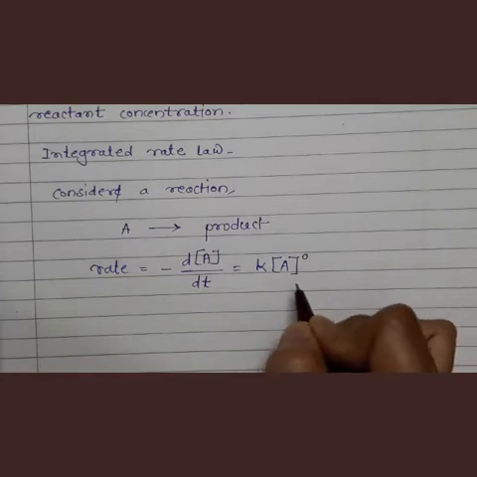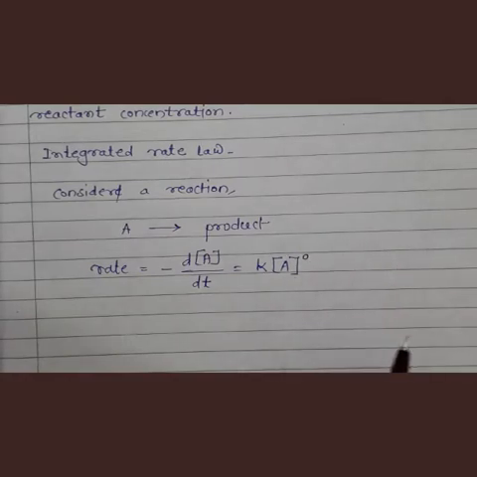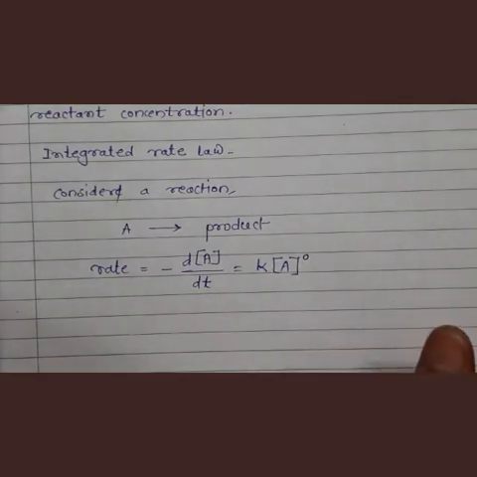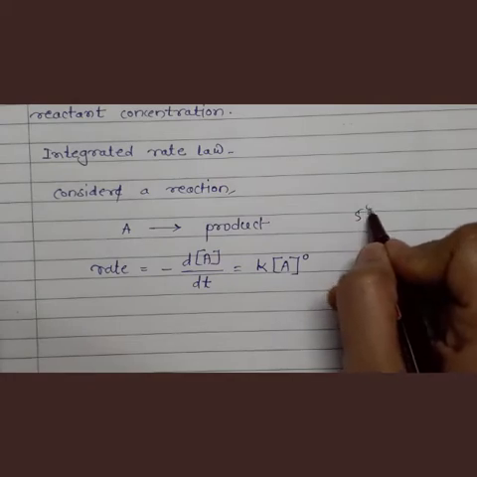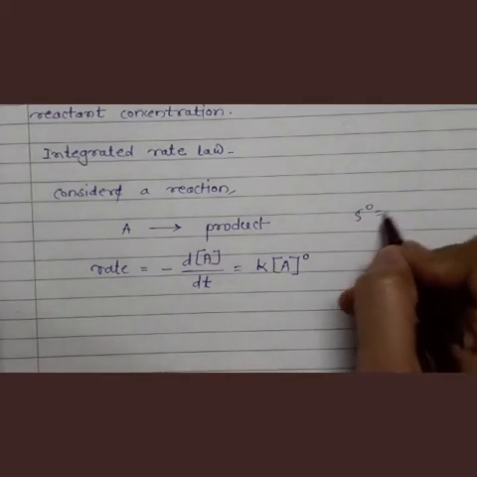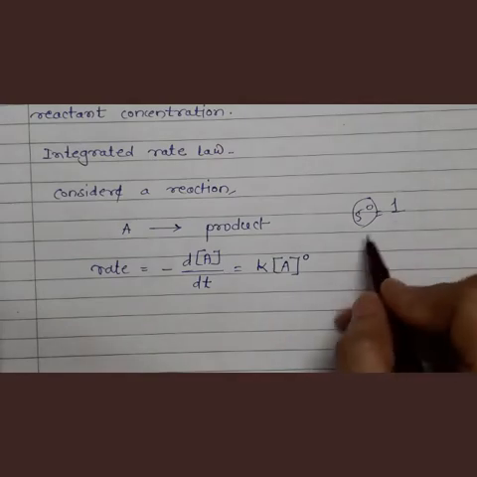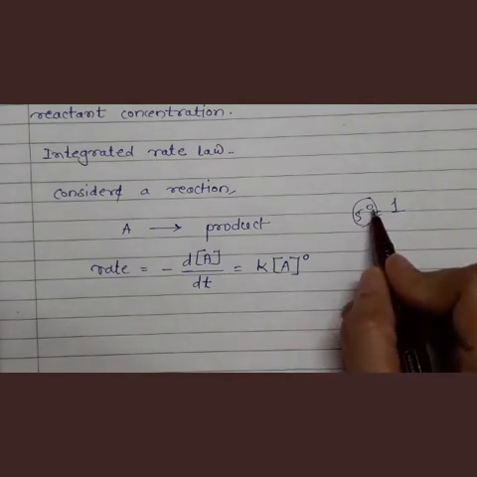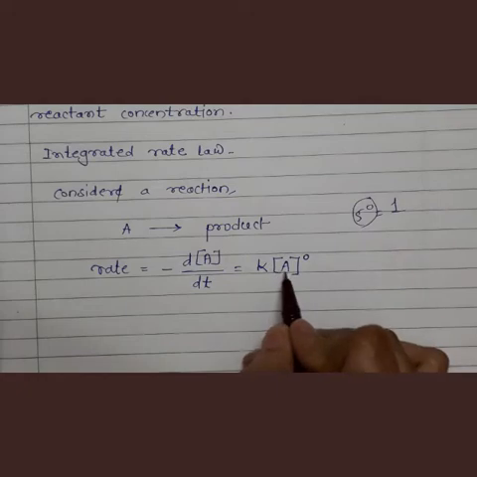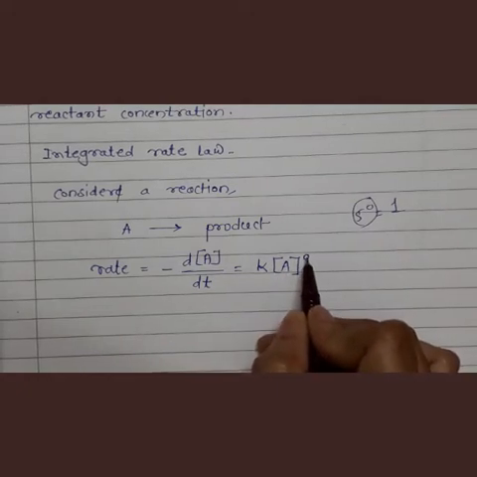order is 0. Now, you have studied indices in standard 6 or 7. Whenever the order or index of any number or any letter is 0, the value of that number is equal to 1. 5 raised to the power 0 is 1. So here also A raised to the power 0 will become 1.